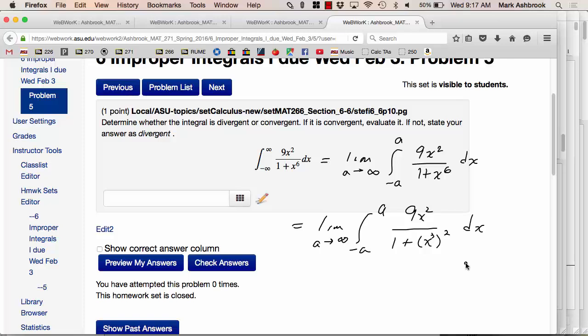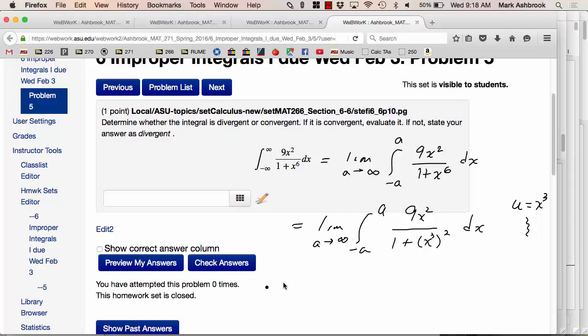You could also use a change of variables if you wanted. If you did u equals x cubed, you would get 9 over 1 plus u squared, and that looks a lot like inverse tangent. But hopefully you can see that it's the derivative of arctangent with chain rule, with our interior function being x cubed and its derivative being essentially x squared.